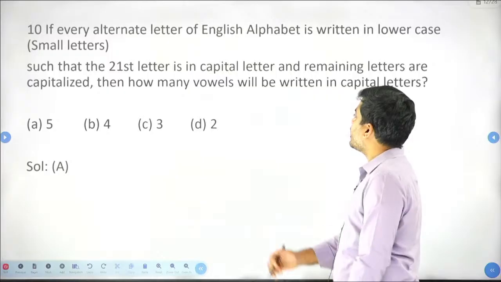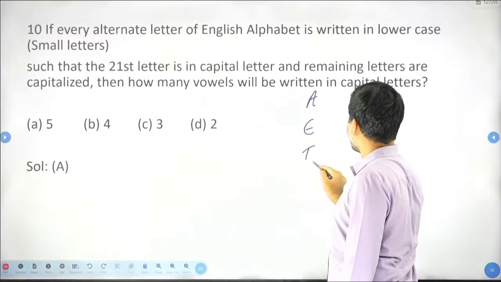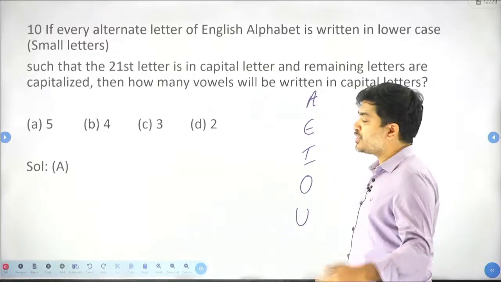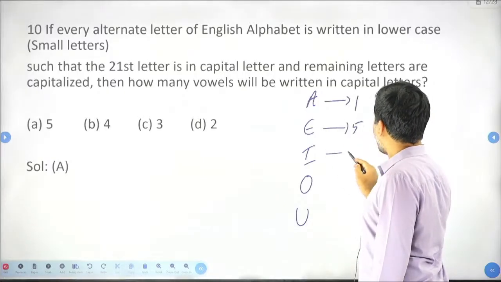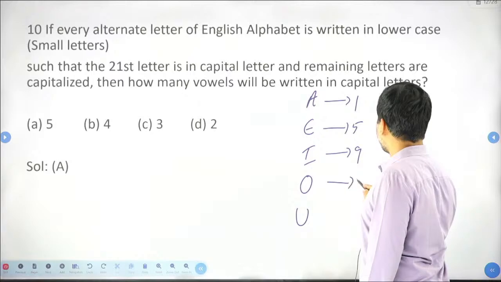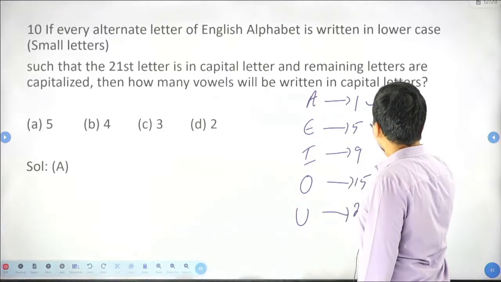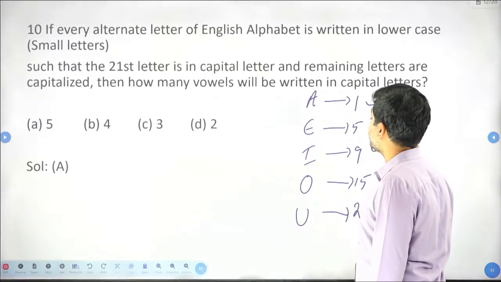See, vowels means normally A, E, I, O, U. What are their sequence numbers? A is 1, E is 5, I is 9, O is 15, U is 21. All are odd numbers.